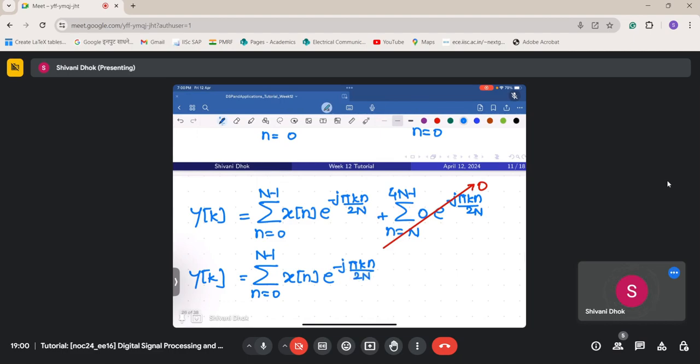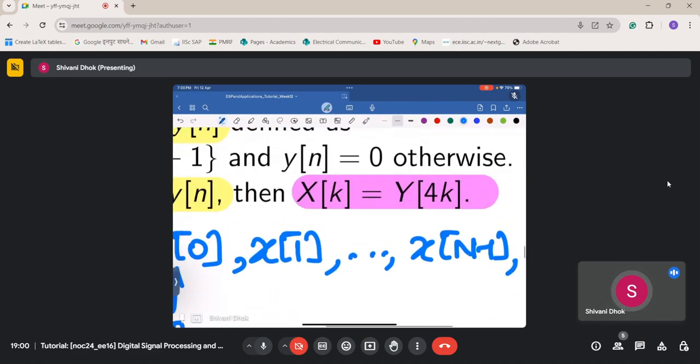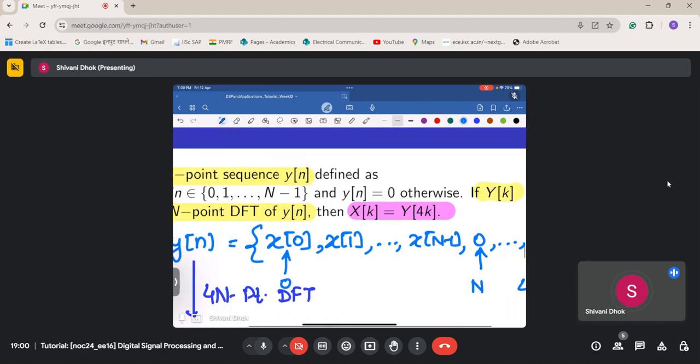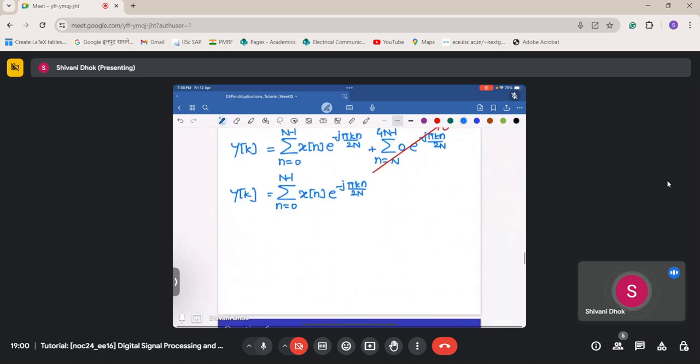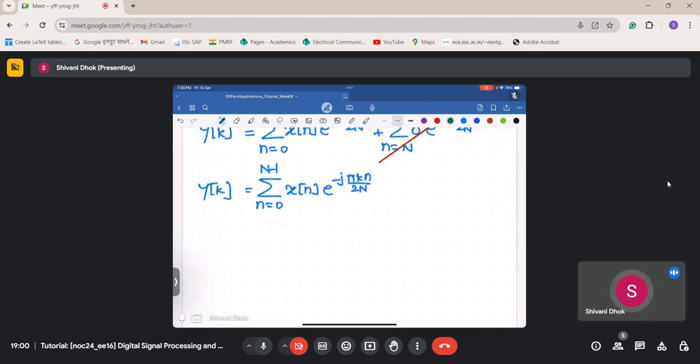Now if you observe the question, what is said is X[k] is equal to Y[4k]. We have Y[k] here, so let us find out Y[4k]. We are just replacing k by 4k. The summation limit will remain as it is, n running from 0 to N minus 1.